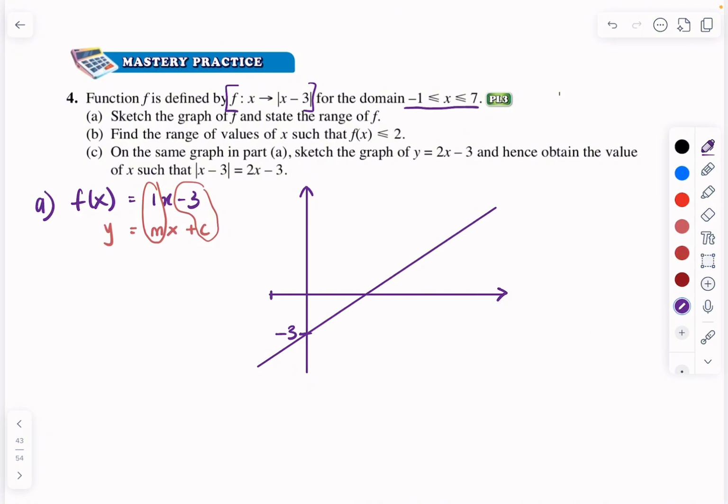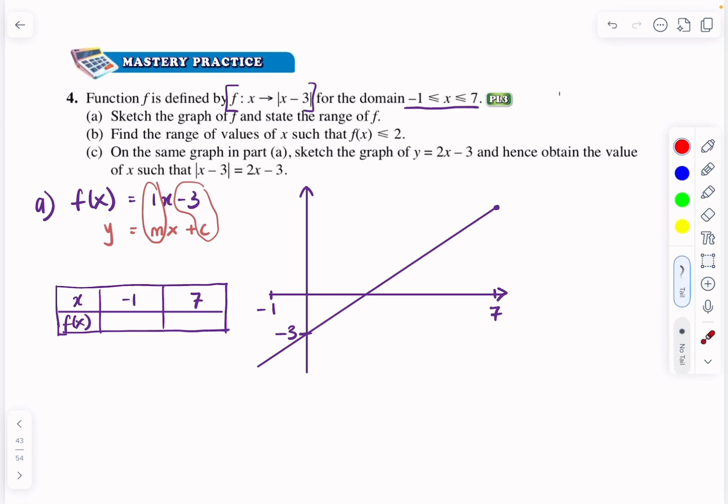So they said the domain has to be between negative 1 and 7. So we find when x is 7 and negative 1, what do we get for y? We sub this x into the equation. So let's draw a small table. When x is negative 1 and 7, we figure out the y.